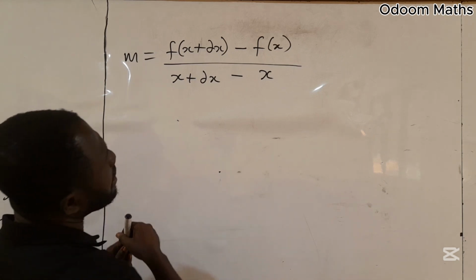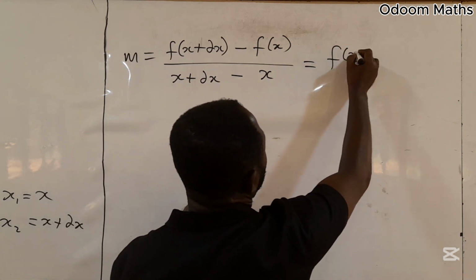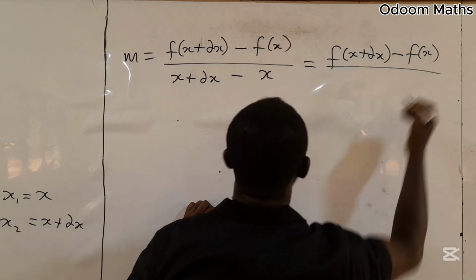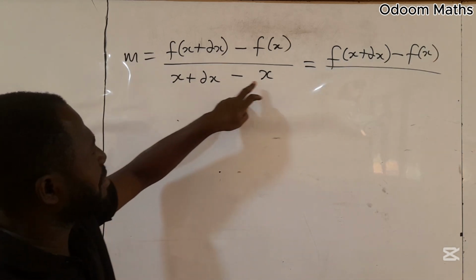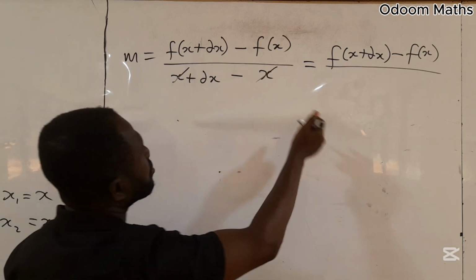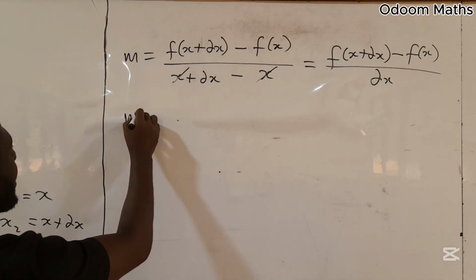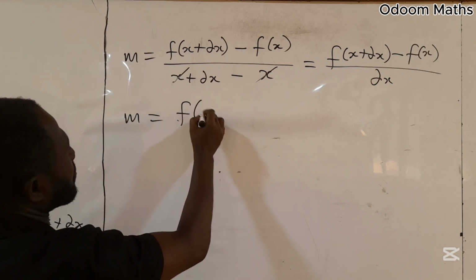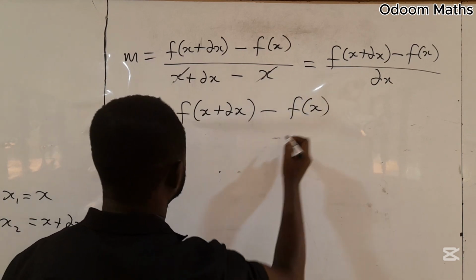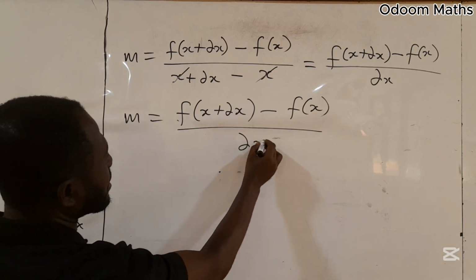Now here we can simplify this. So f of x plus del x minus f of x over, so we see this is x, then minus x. So this x will take care of this one, because that would be 0. So we're left with del x. Okay, so it means that my m is now f of x plus del x minus f of x all over del x.